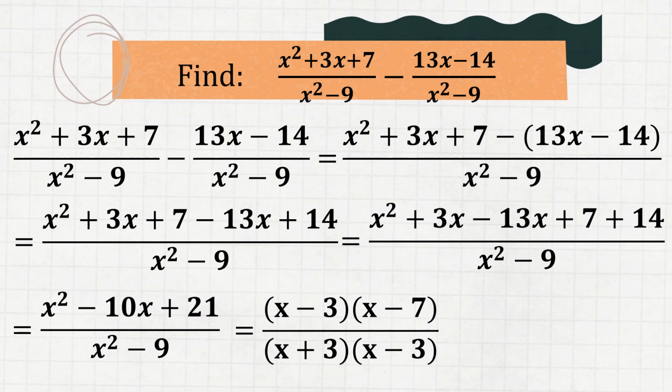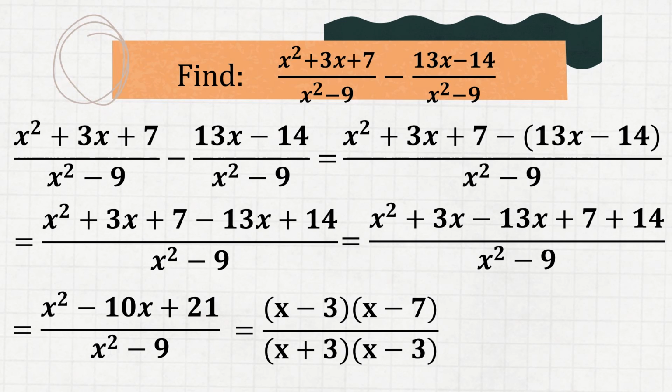Next is, since factorable naman yung numerator and denominator, ito na yung naging factored form niya. Dun sa numerator, which is x squared minus 10x plus 21, yung factored form niya is x minus 3 and x minus 7. So, pwede mo siyang i-recheck through FOIL method.